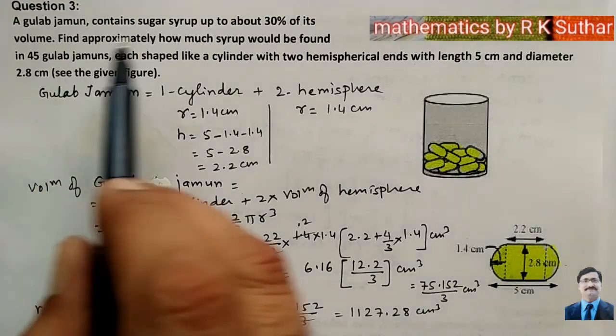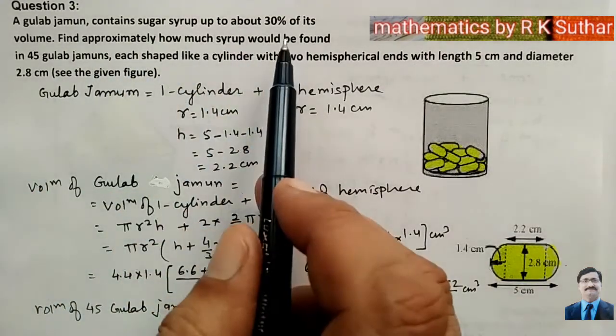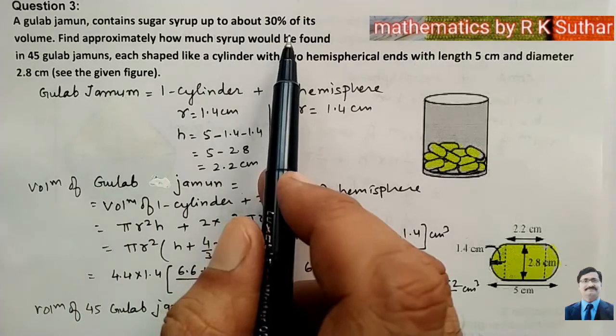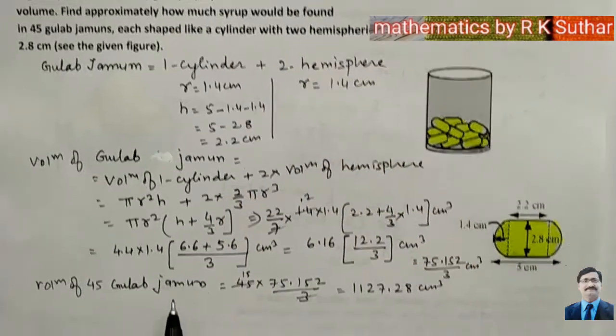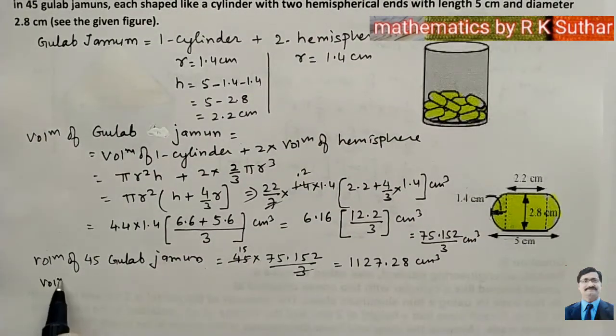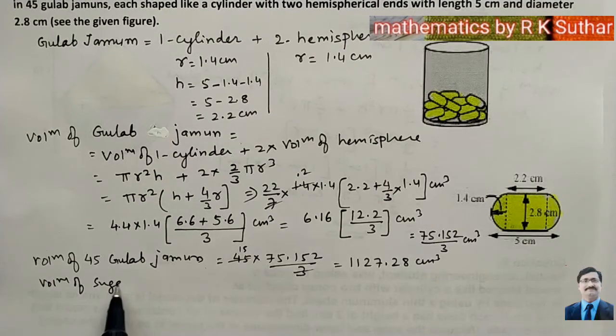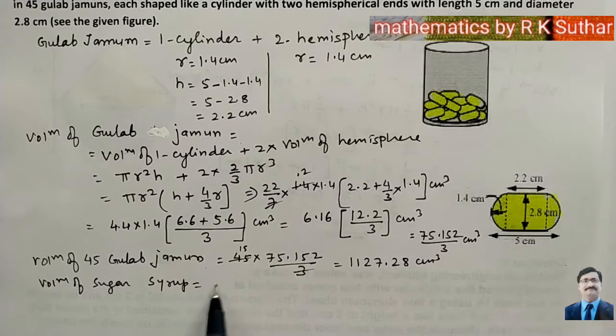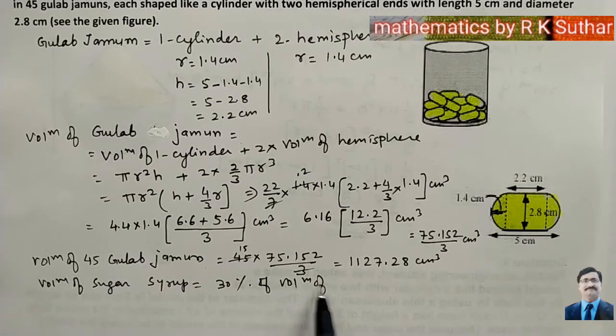Now in the question it is given that sugar syrup is 30%, so the volume of sugar syrup we have to find. Volume of sugar syrup equal to 30% of volume of 45 gulab jamun.